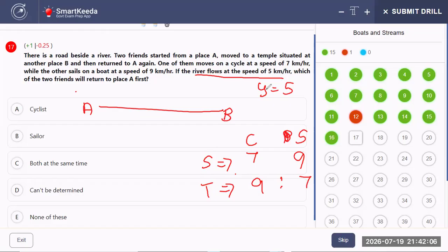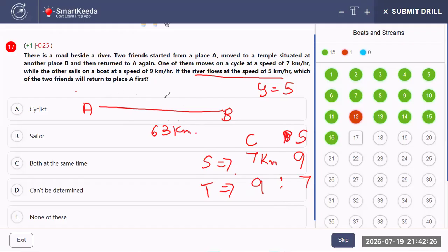One of them moves on a cycle at the speed of 7 kilometers per hour. This is the base, so the same distance, like 63 kilometers.